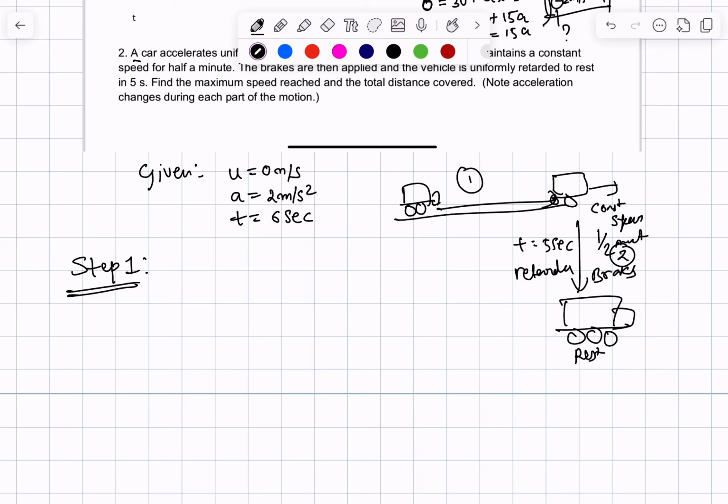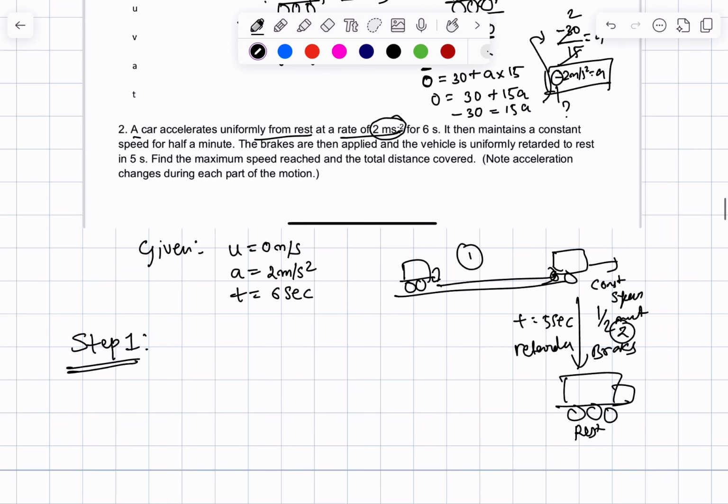Sir, I solved it. Okay, what is the answer? I guess the maximum speed is 12 and the distance covered would be 60. V max is 12 and the distance covered is 60, right? Yeah. Perfect.